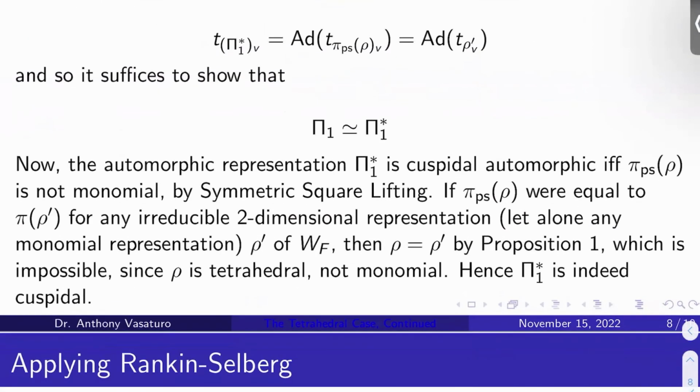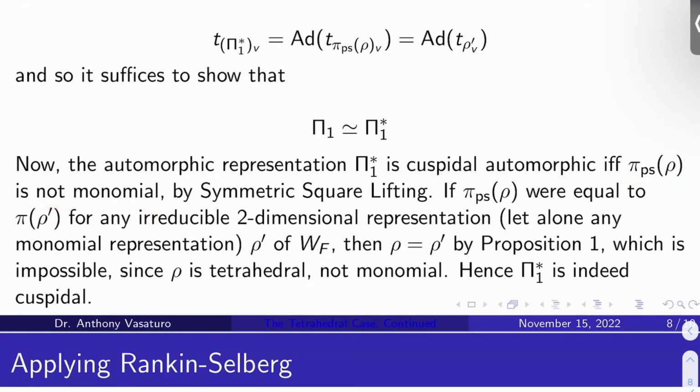So how do I show these are isomorphic? Well, this guy right here is an automorphic representation, and we know by symmetric square lifting that it's cuspidal automorphic if and only if pi pseudo of rho is not monomial.